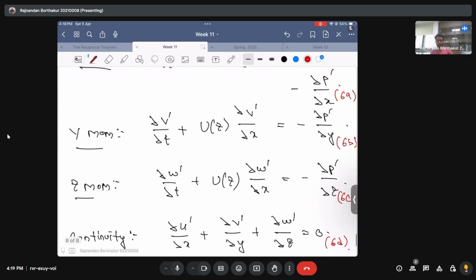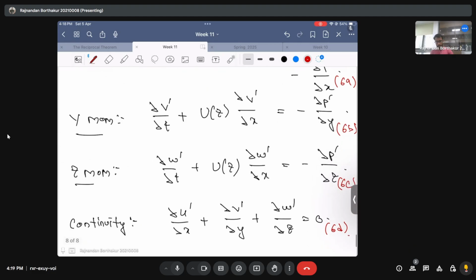If you have any questions, you can ask in this context. Of course, this is the continuity equation.